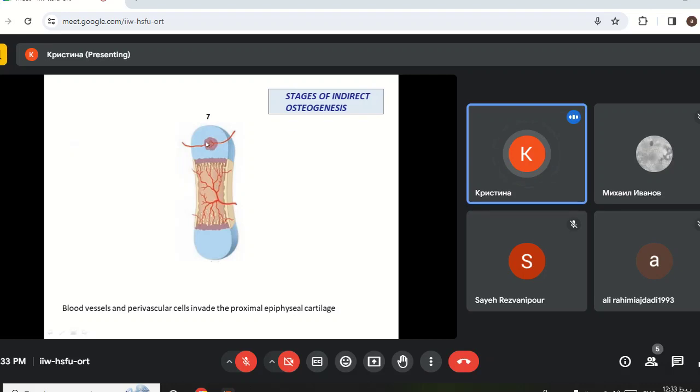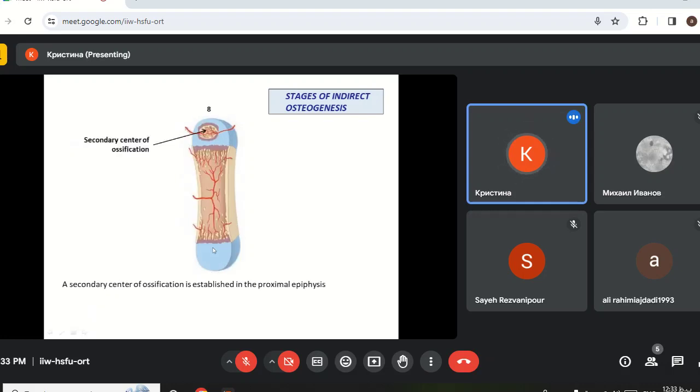Next, blood vessels grow into the epiphysis area of the future bone also, and here the secondary center of ossification is formed, in the same way as it was formed previously in the diaphysis region of the bone.